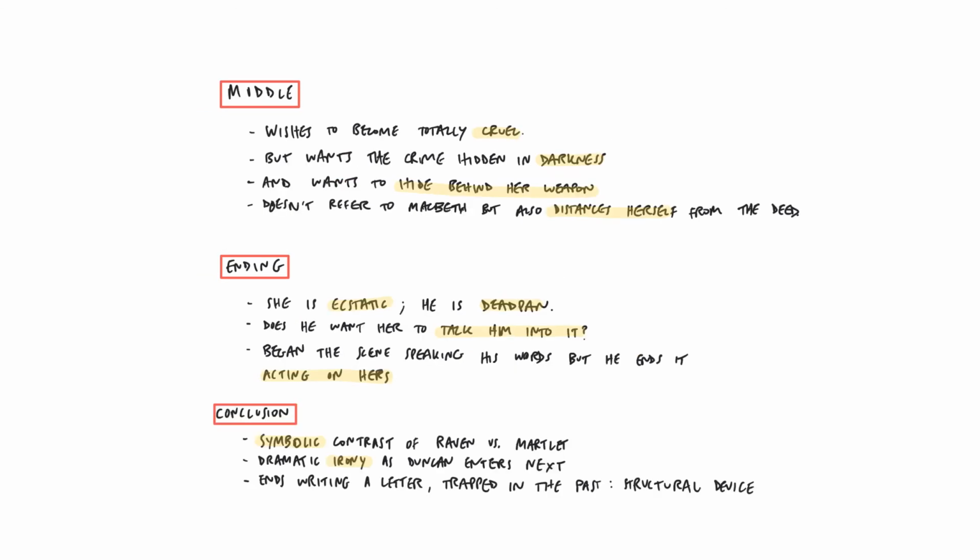The middle section is from when the messenger enters to when Macbeth enters. Here, the key points are that she wishes to become totally cruel, and yet she also wants the crime hidden in darkness, and she wants to hide behind her weapon. She doesn't refer to Macbeth, but also distances herself from the deed.